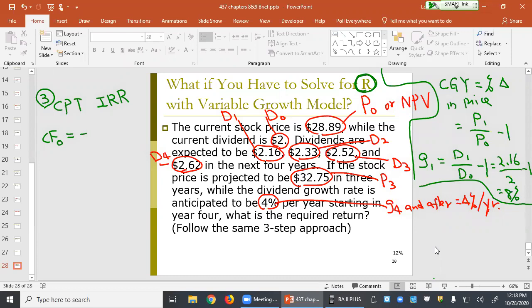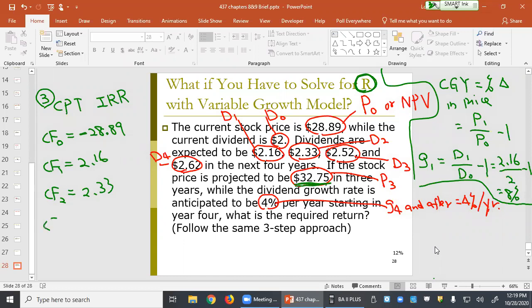So cash flow 0 is an investment. You have to make sure to enter it as a negative cash flow, so negative 28.89. Your cash flow 1 is just your D1, which is $2.16. Your cash flow 2 is just D2, which is $2.33. Now your very last relevant cash flow is cash flow 3, because we know what P3 is.